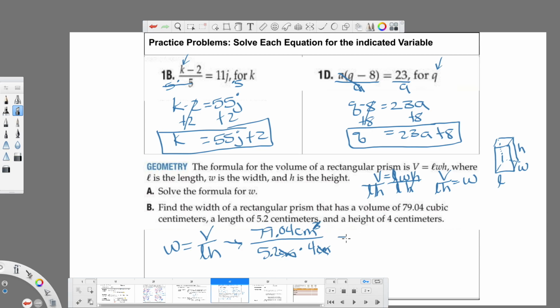So 79.4 centimeters. Let's multiply these numbers on the bottom. So we have 5.2 times 4. And that one's not a horribly hard one to do in our heads, really. Because we could go 4 times 2, and that gets us 8. And then 4 times 5, and that gets us 20. And we do point.